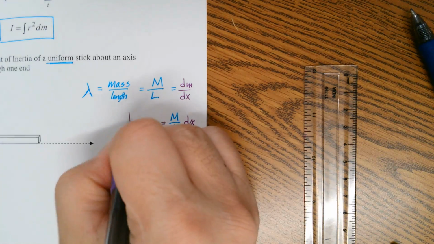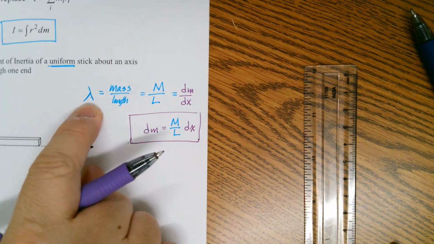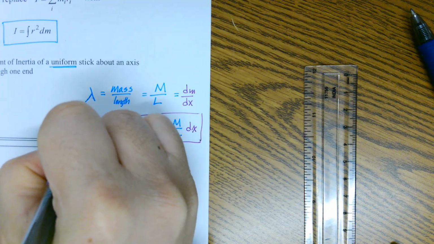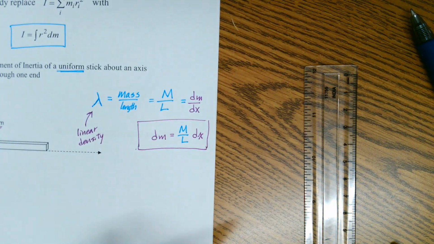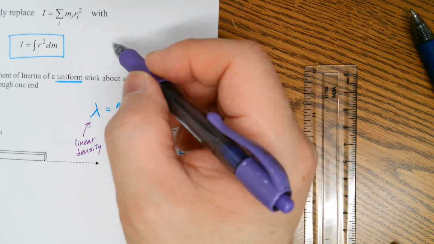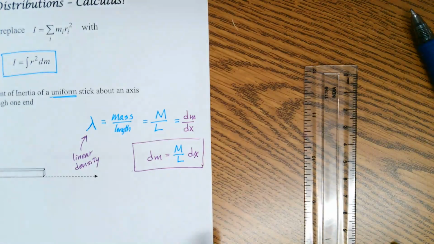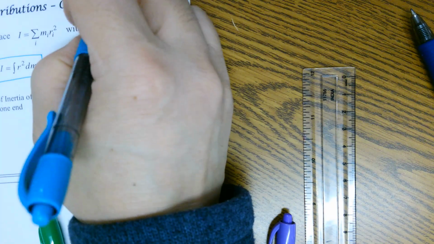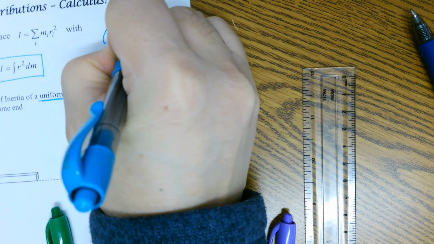So this is the crucial part right here. Whether you are dealing with linear density, or if you have area, the area density is sigma, which is mass over area, and for volume it will be rho, which is basically mass divided by volume.